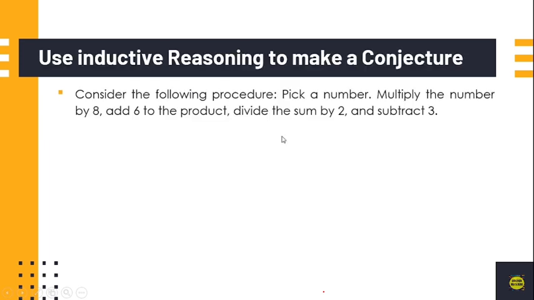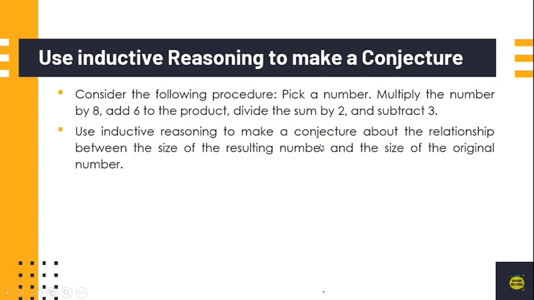Next, use inductive reasoning to make a conjecture. Consider the following procedure: pick a number, multiply the number by 8, and add 6 to the product. Divide the sum by 2 and subtract 3. Use inductive reasoning to make a conjecture. Our original number is 5.